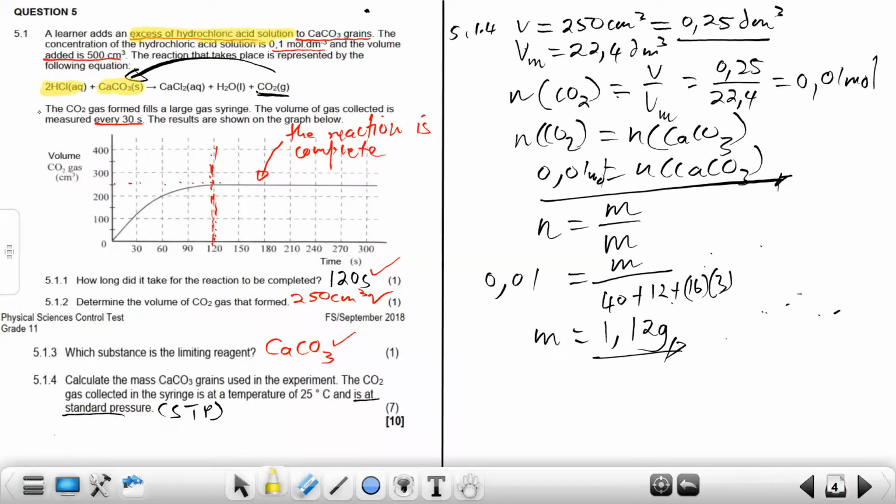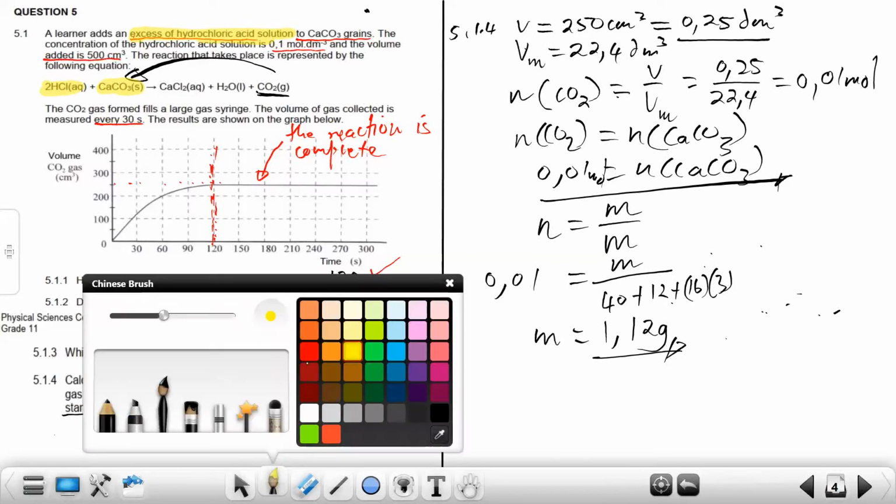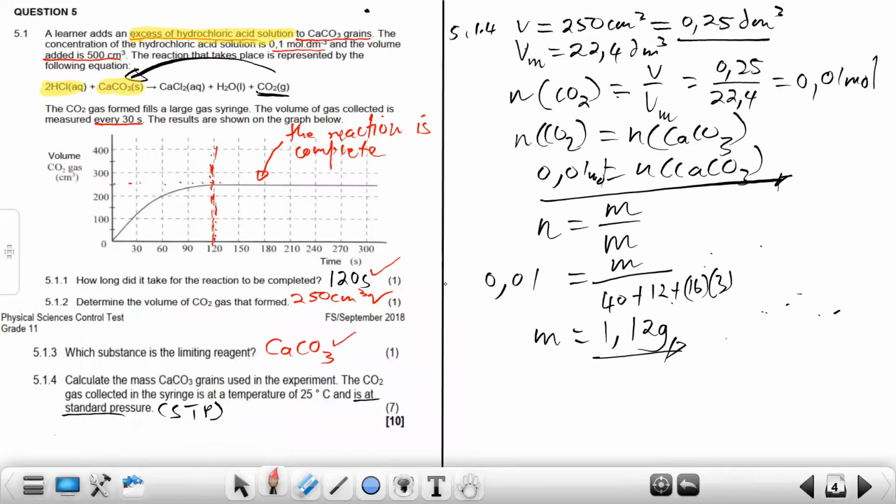If HCl is in excess, it says this one must be our limiting reactant. Because remember, in every reaction, you always have a limiting reactant and the one that is in excess. So answering 5.1.3 was easy, hence it is 1 mark, because we didn't have to calculate anything, we just needed to reason from the statement that is given. So if HCl is in excess, calcium carbonate is the limiting reactant.